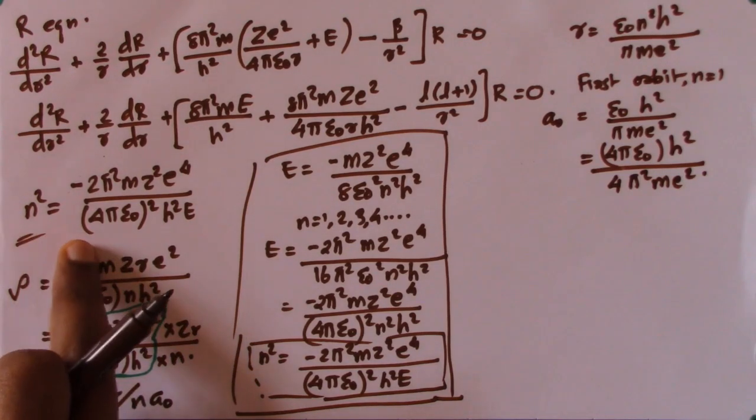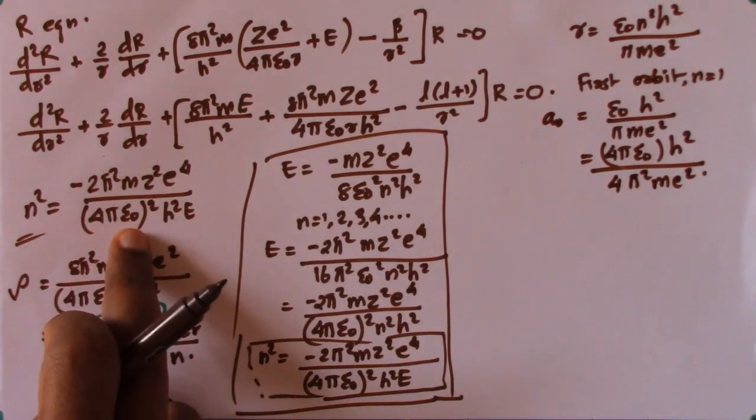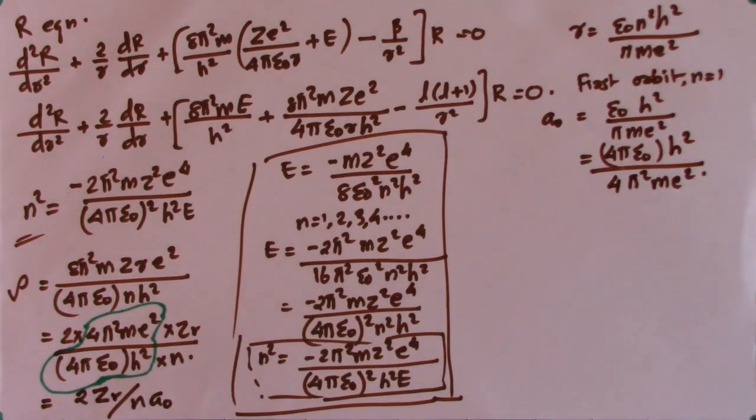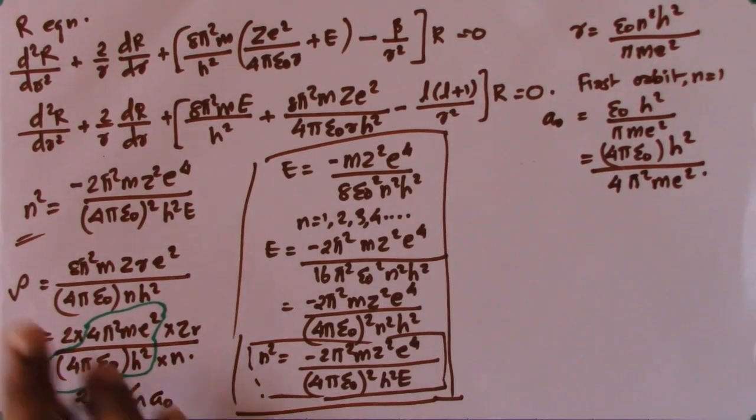N square is equal to minus 2 pi square m z square e raised to 4 divided by 4 pi epsilon 0 the whole square h square e, and rho is equal to 2 zr divided by n a0. These are two important substitutions that we are going to impose when expanding this equation.